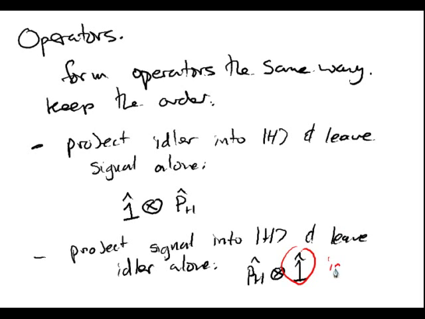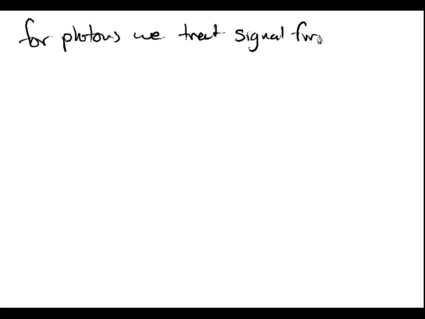So again, the identity operator is the trick for leaving a photon unchanged. Alright, so we always treat the photon state by using the signal first, then the idler.